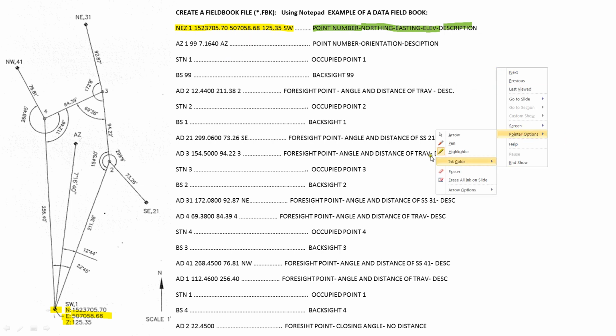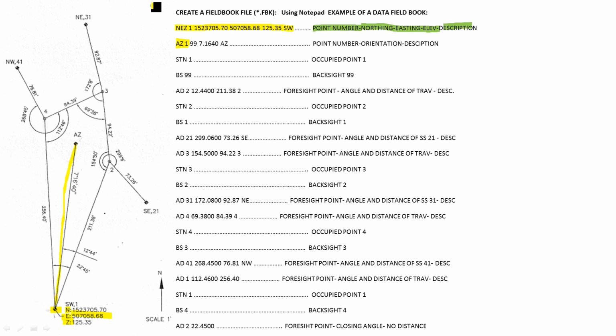The next line of code says that I'm looking at the azimuth from point 1. This azimuth line, from point 1 to point 99, which is the code for the AZ, is 7 degrees, 16 minutes, and 40 seconds. Take a look how it's written: 7.1640.